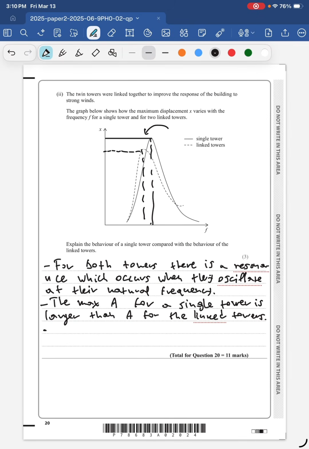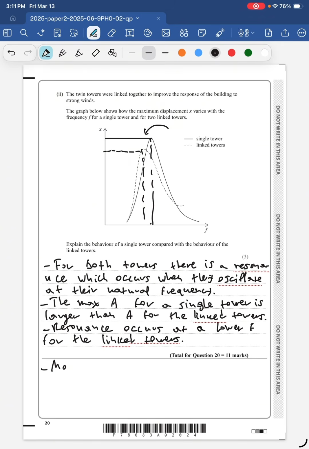And resonance occurs at a lower frequency for the linked towers. Is there anything else we can write?